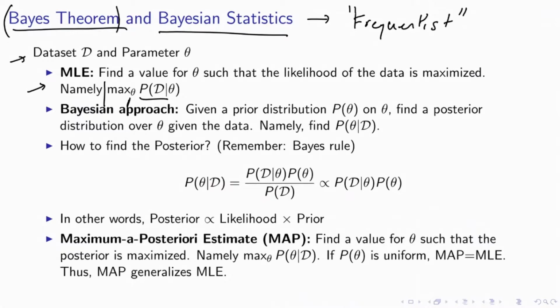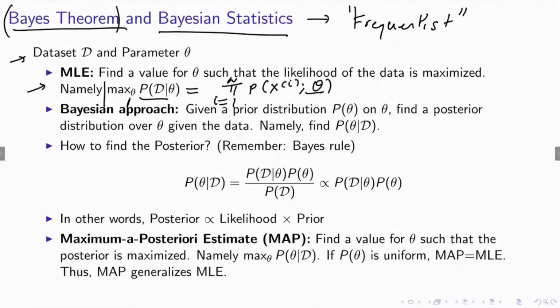So what is P of D given theta? Assuming that our examples are independent and identically distributed, the likelihood is nothing but, if you have n data points, the probability of generating each point according to the parameter theta. Okay? So I want to select theta such that that term is maximized.